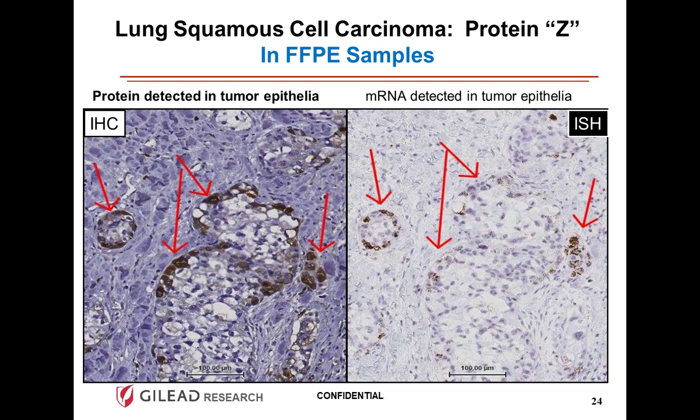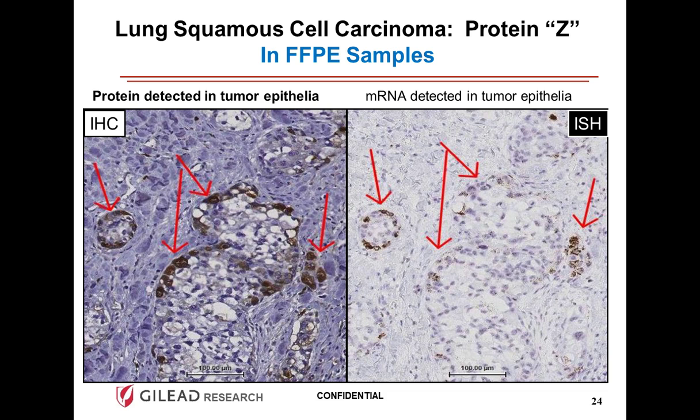We saw big reservoirs in macrophages and neutrophils. We never detected it in tumor epithelia until we stained lung squamous cell carcinoma, which is the example I have here. We saw this very strong staining in the tumor cell epithelia, and we thought, we need to confirm this IHC because up until this point, we've only seen it in immune-related cells.